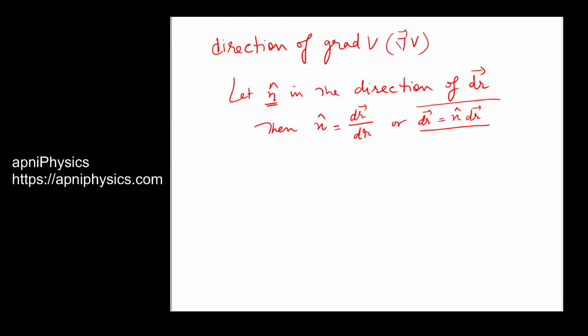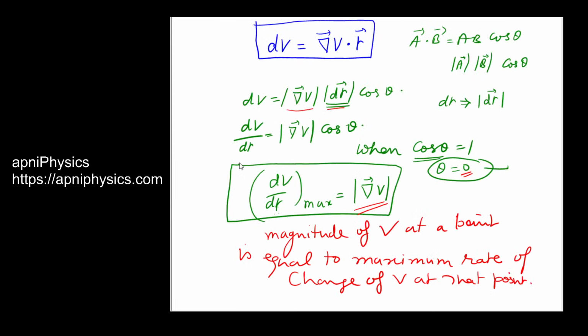In the last equation you saw that what we defined, dV upon dr, is equal to this del V dot r. In this equation dV is equal to del V dot vector r.